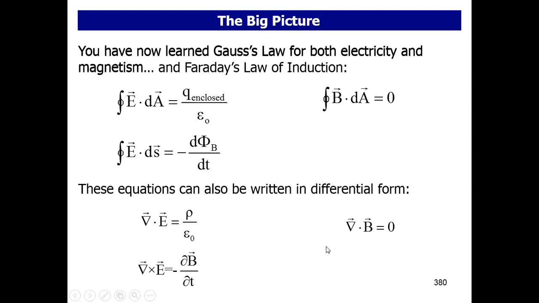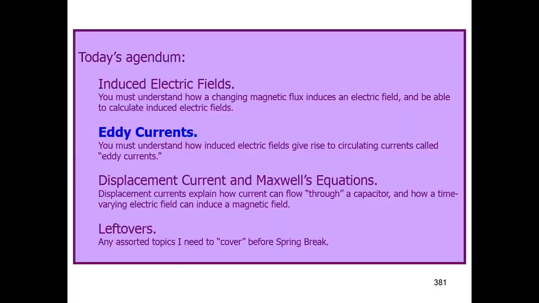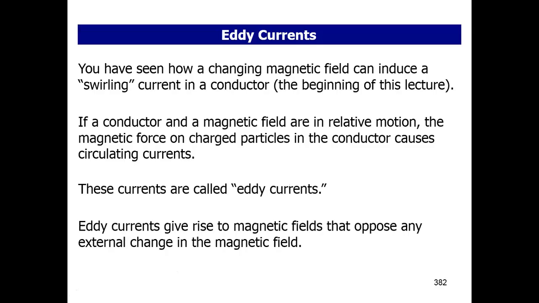That is del cross H is J. So these are the four Maxwell's equations. Then we will go to the concept of displacement current, and then this will be finished, and then we will start the questions for what we have covered.